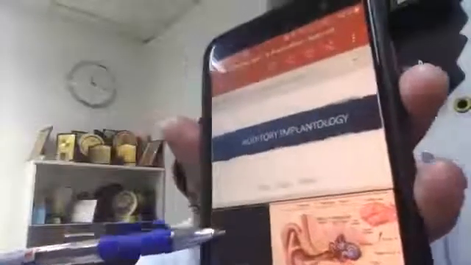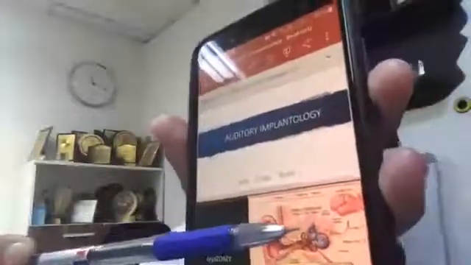Another one is through the outside, through the bone, that is the bone anchored hearing aid. See this picture. So one implant you can put onto the bone, that is the bone anchored hearing aid. One is in the cochlea, and one is in the middle ear, that is the middle ear implant. Another one I'll explain at the last.